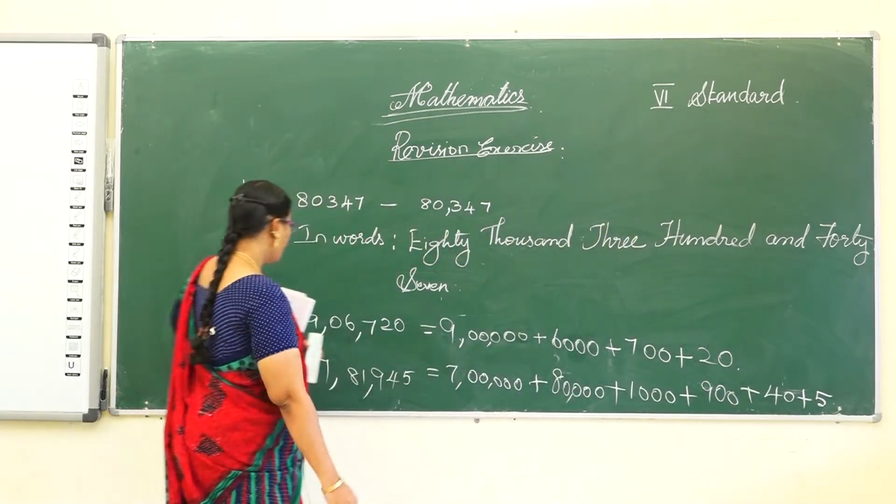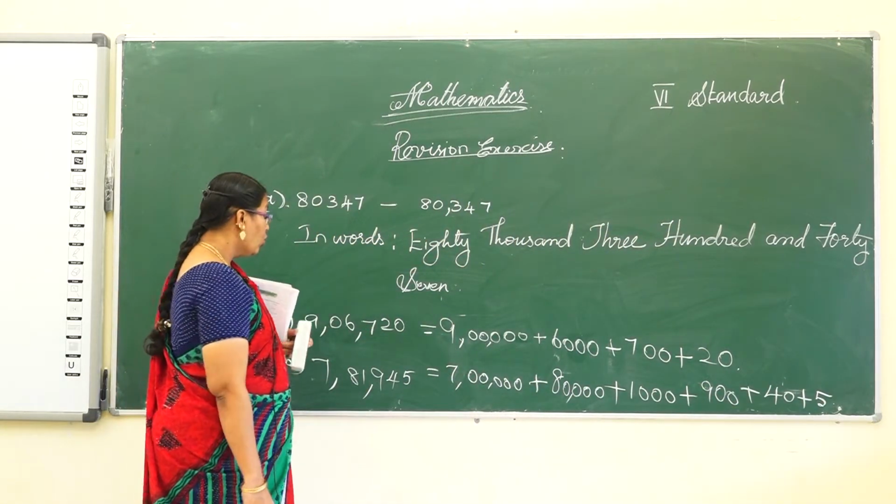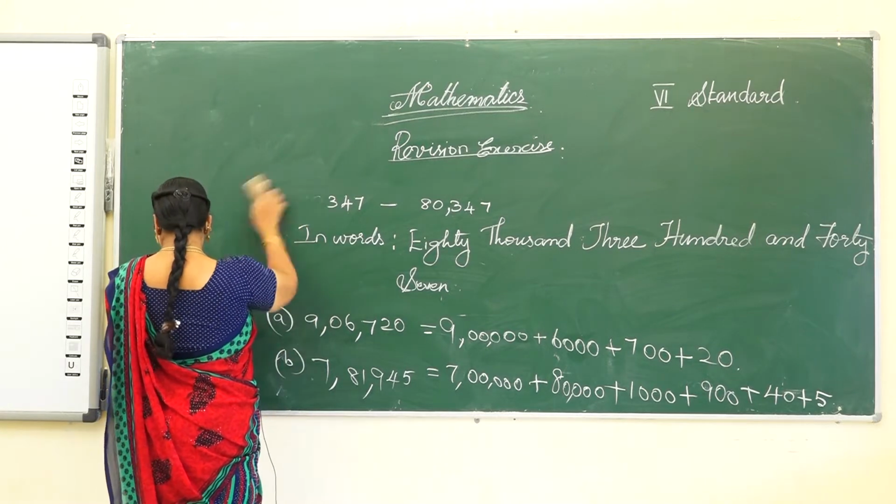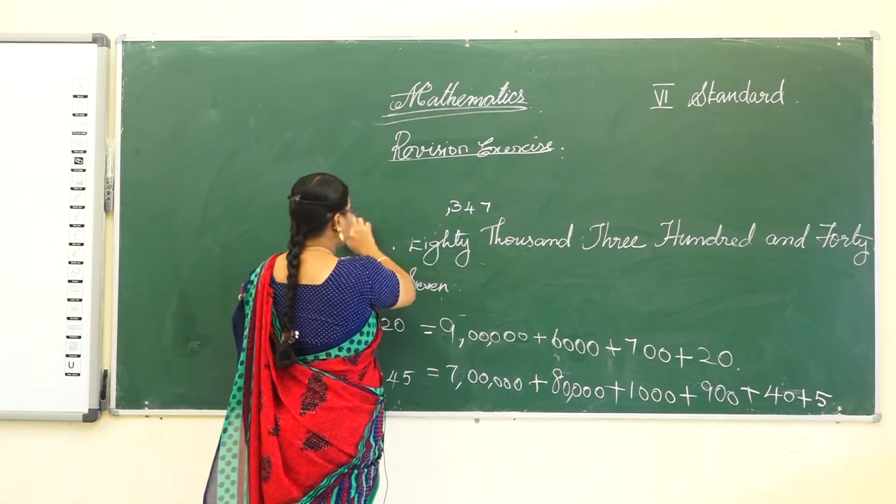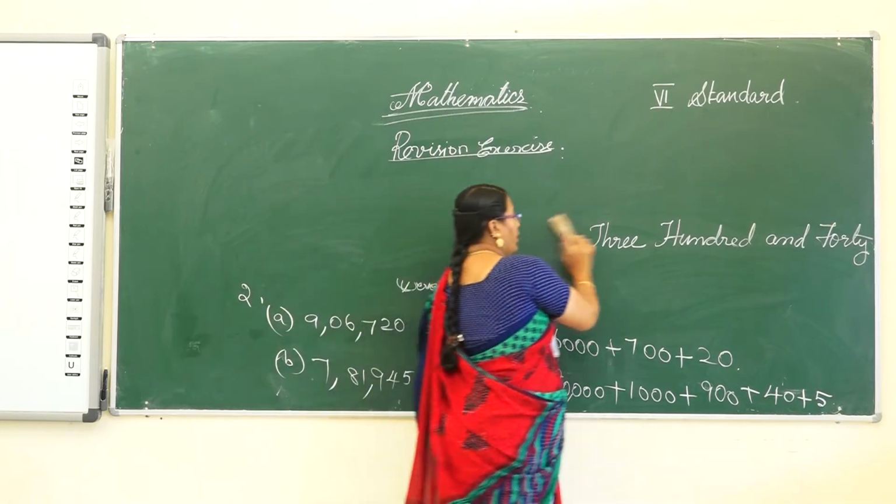This is the expanded form of 7,81,945. And third one, rewrite the following numbers in ascending order. Ascending order you already know well.